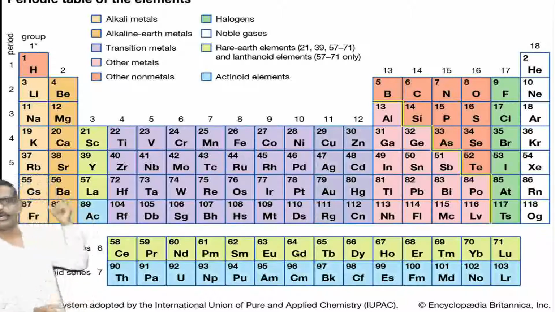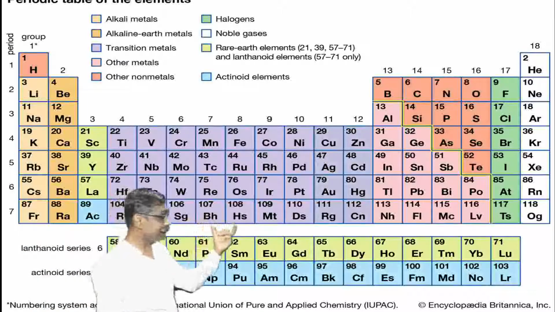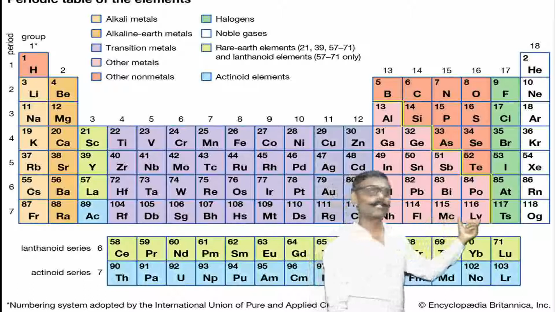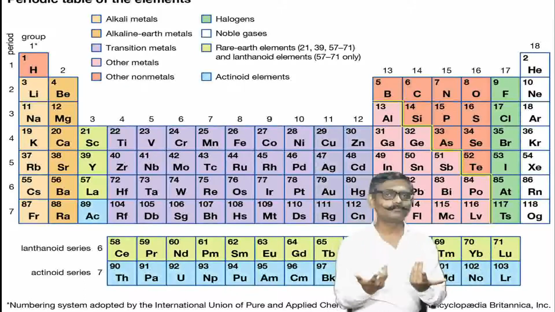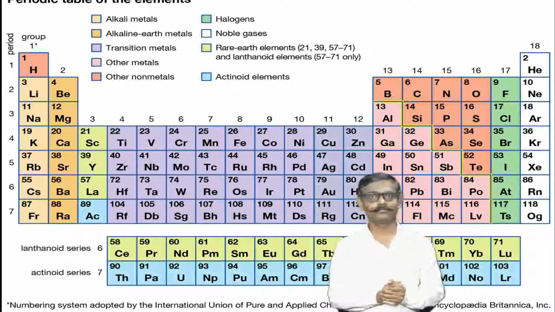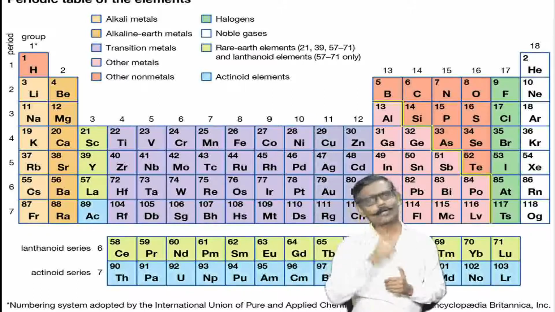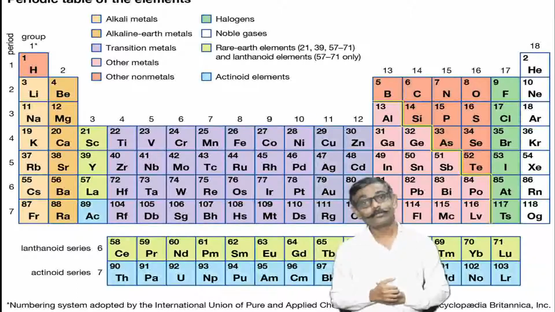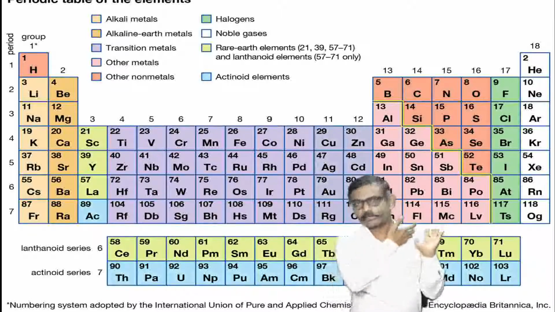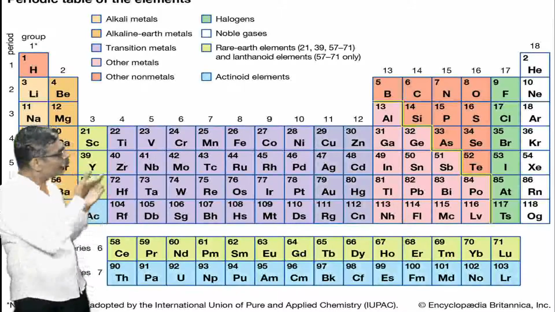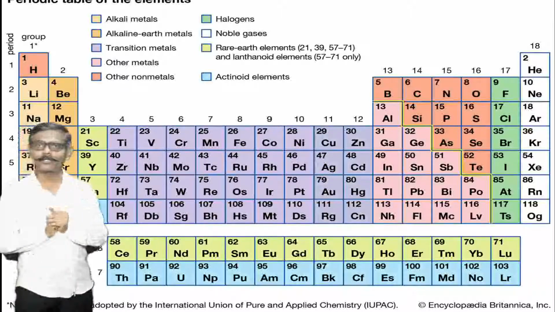So total 2 plus 10 plus 6 means how many? 18. Now furthermore, one orbital is left, which is the f orbital. So as per the trend, we need to make provision for the f orbital.